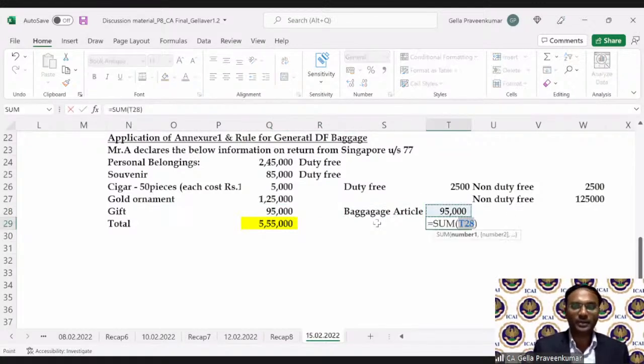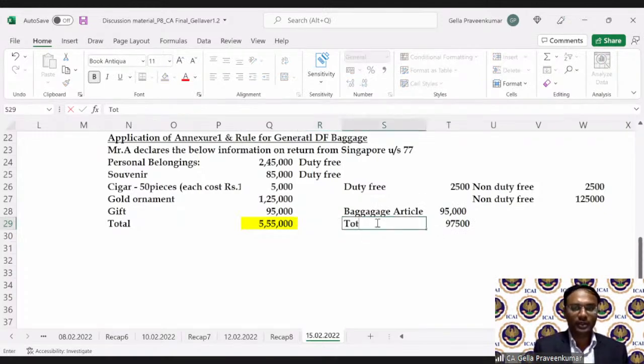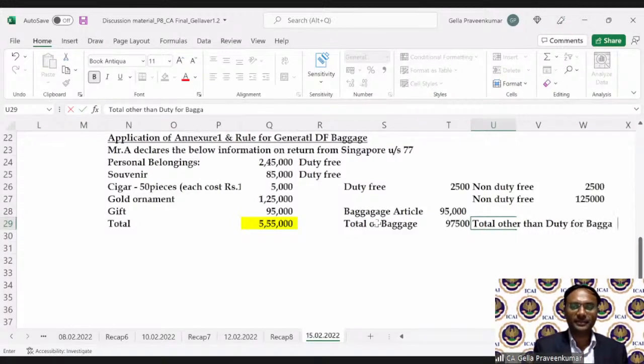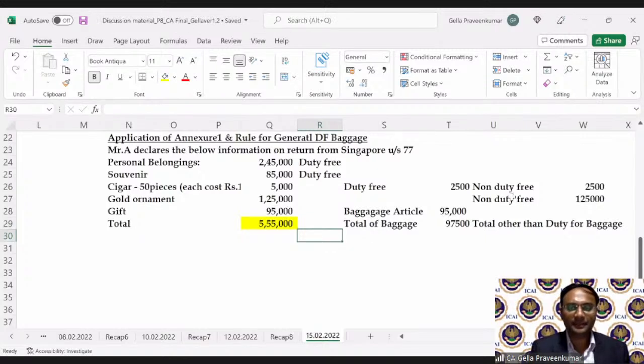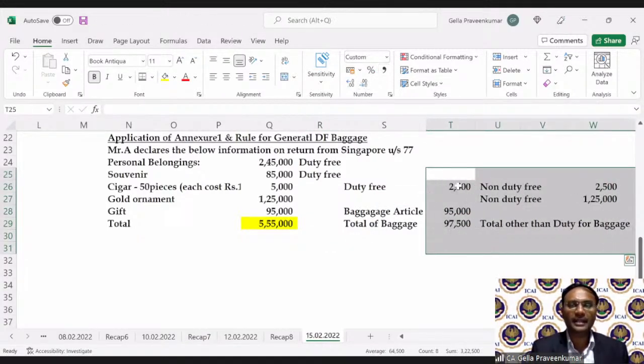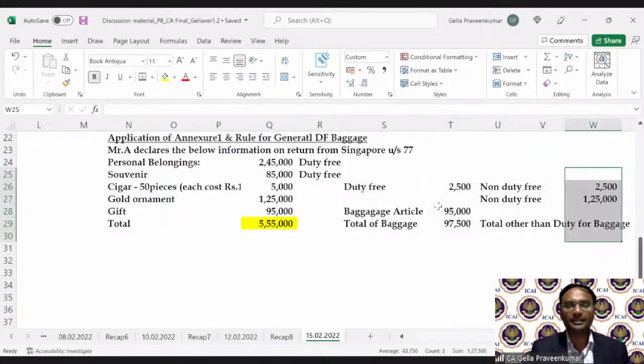So here what I will do, I'll add this total of baggage, total other than duty free. Duty for baggage. Now what I'm trying to do here, I'm trying to calculate what is permitted as a baggage, what is not permitted as a baggage.